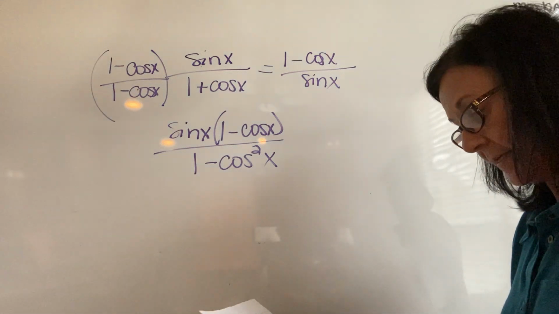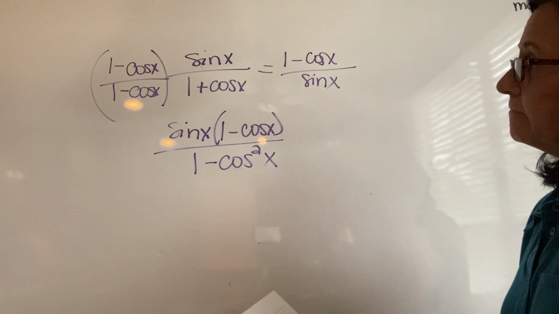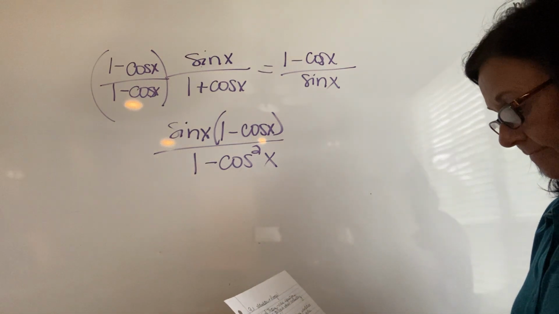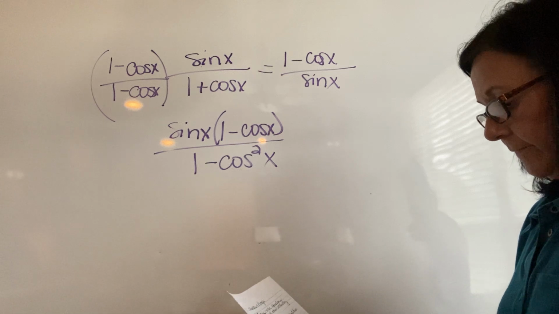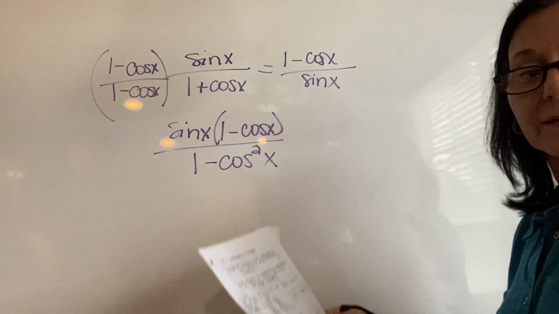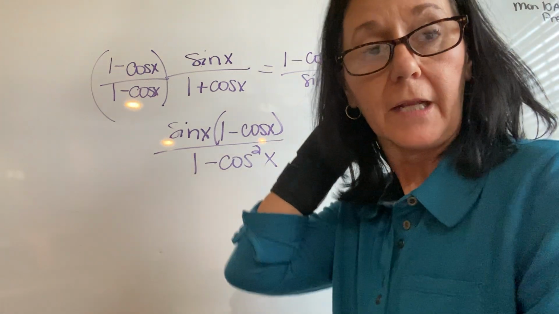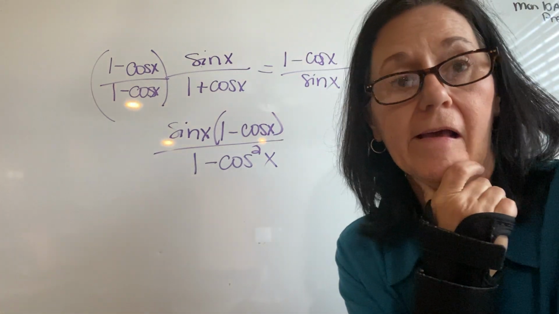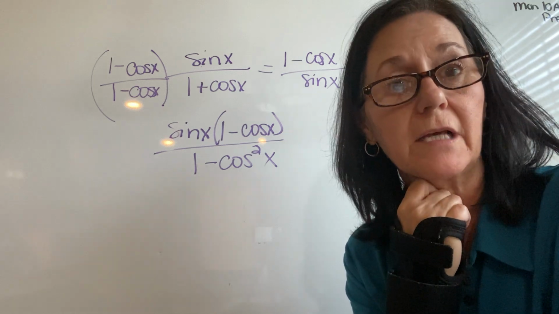Once I have done that, what is 1 minus the cosine squared x equal? It's the Pythagorean identity that we've looked at before, right? It's going to be the sine squared x.